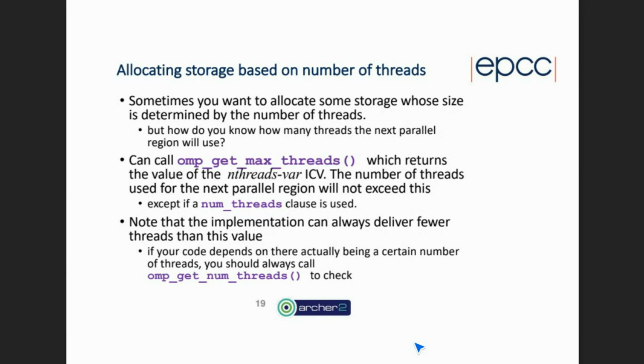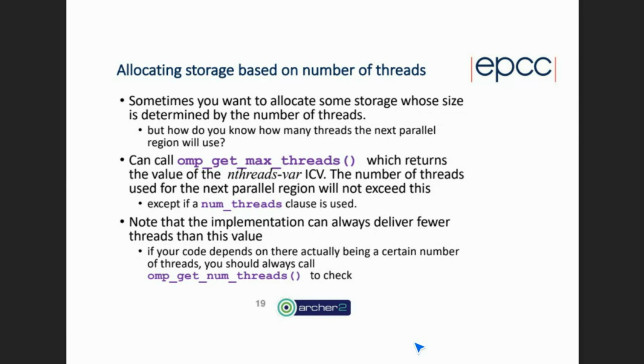The way this works in OpenMP is that there's some internal state in the runtime called internal control variables, or ICVs. In this case, every thread has an internal control variable called nthreads-var. That's basically the number of threads it will use if it encounters a subsequent parallel construct.